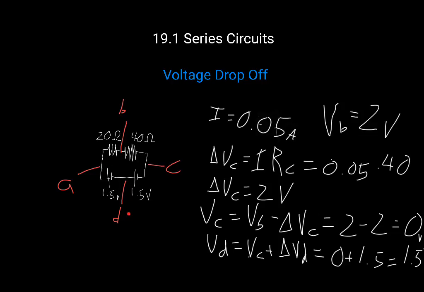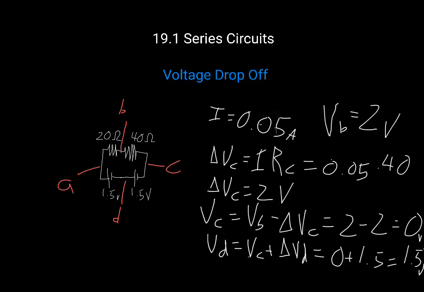And so we add this 1.5 back into our system, and we end up with 1.5 volts at this point in our circuit at D. And then if we continue a little bit further, we would do another 1.5 volt addition to get us back to A, where we had 3 volts, which was our total voltage.